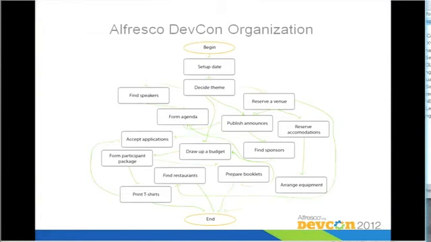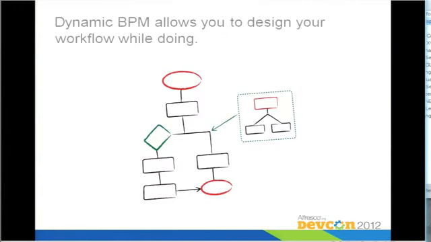For example, last year there was no lightning talk session. This year we have this session. That is why Alfresco can't use one standard workflow definition for all conferences and all DevCons, because it can be changed very fast and very soon.